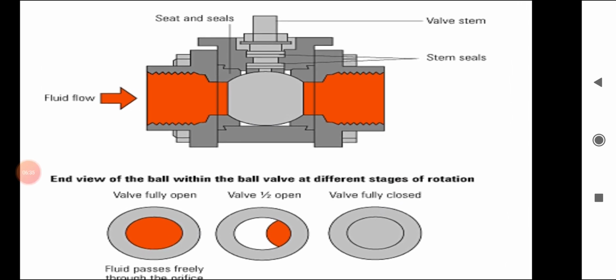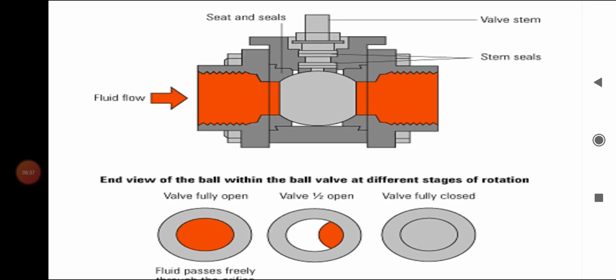So this is the ball arranged inside the valve body: valve stem, stem seals, and seat and seals arrangement.